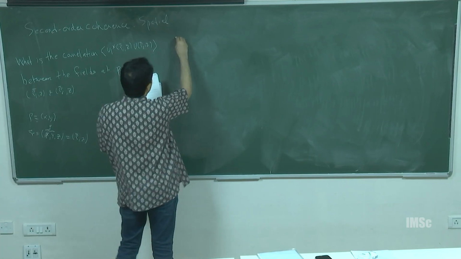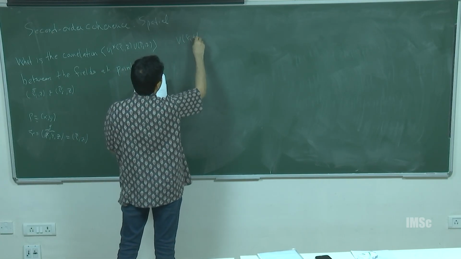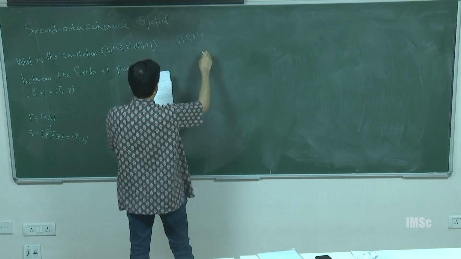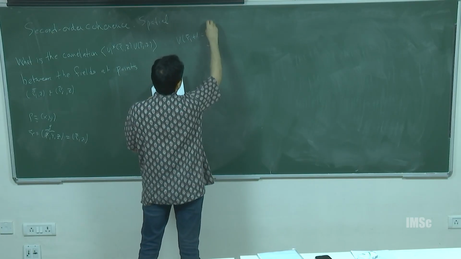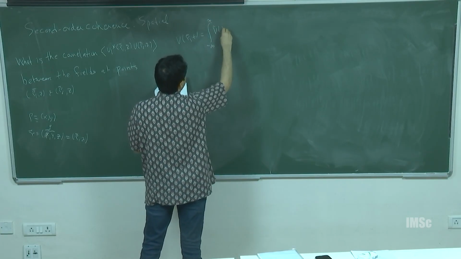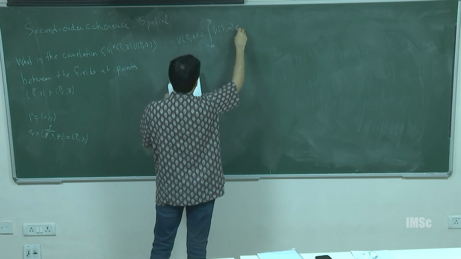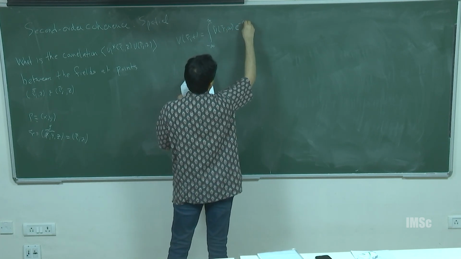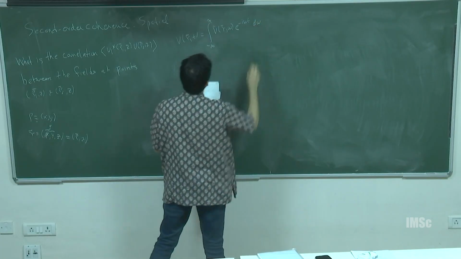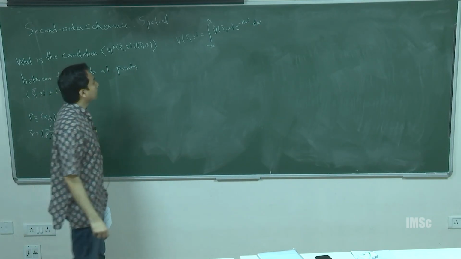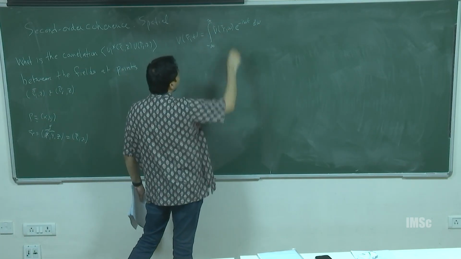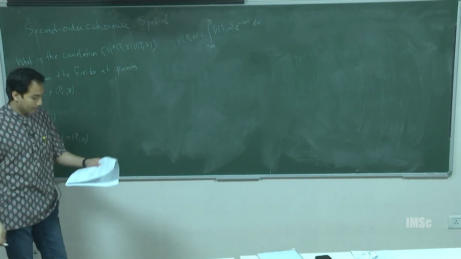So let us recall that the field V of R, t can be expressed in terms of its Fourier transform, in terms of its spectrum, right?